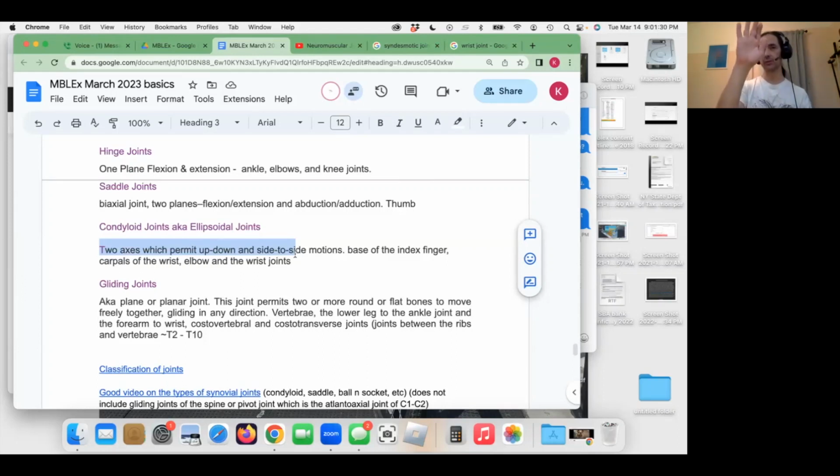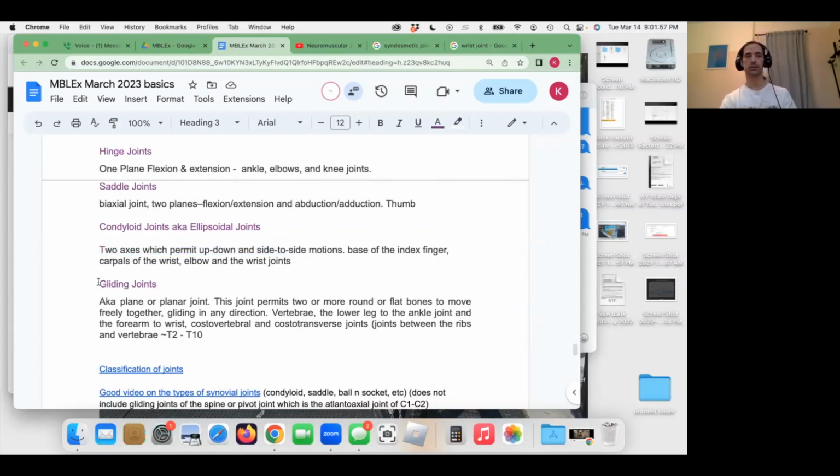If it were a saddle joint, for example, or a deeper ball and socket, it would allow for a sliding action. This socket also allows for circumduction. I don't know why that's not listed here, but I'm circumducting right now, so clearly it does that.